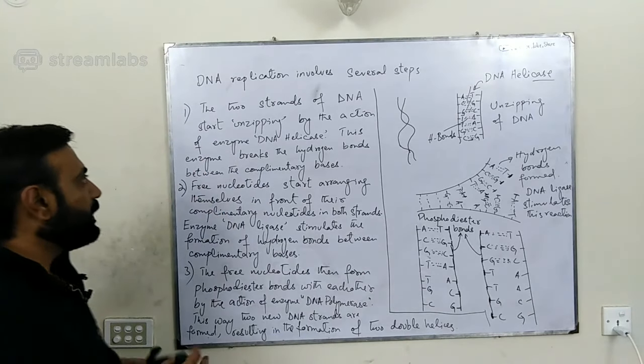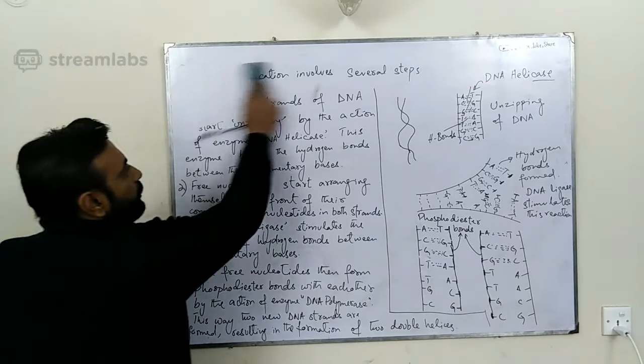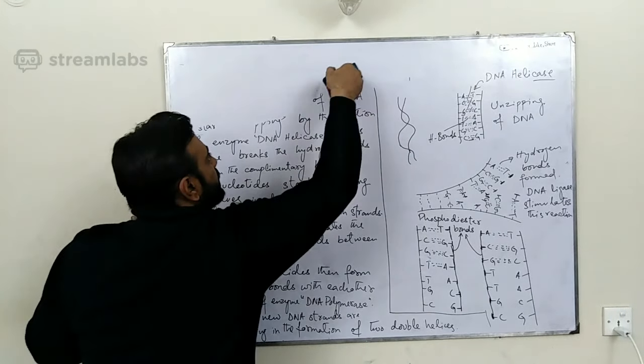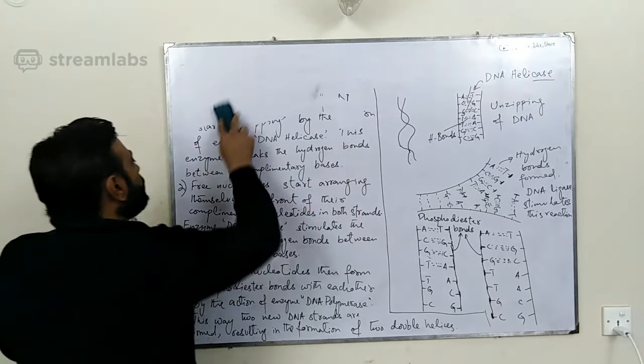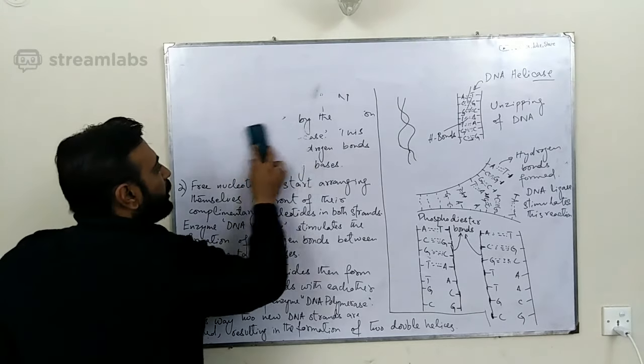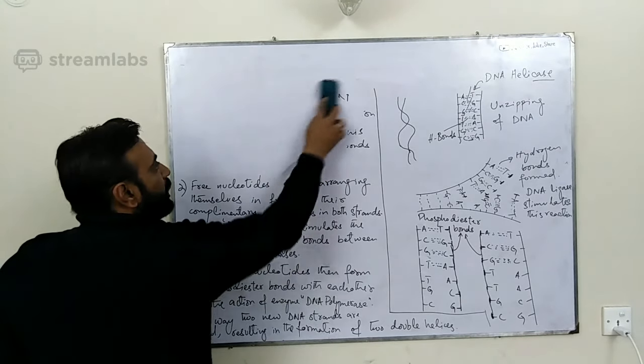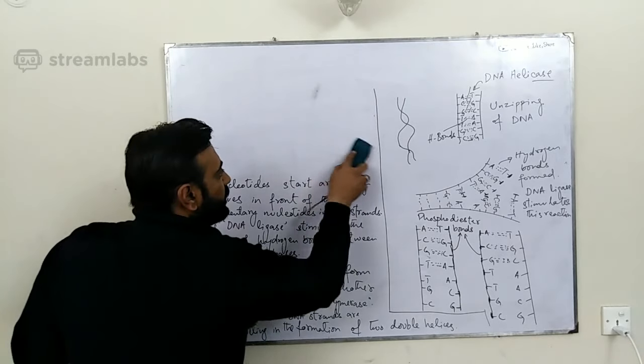And you have to remember another thing, that when new strands are formed, the new DNA double helices are formed, one of the strands is the original one and one of the strands is the new one.